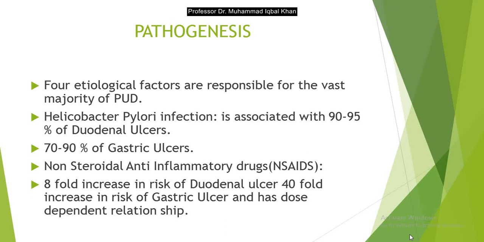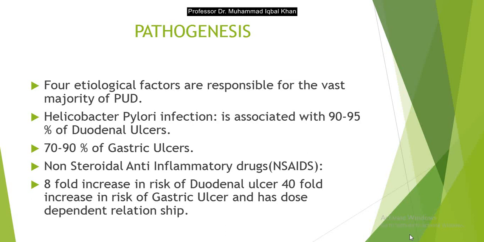So keep in mind this much association of Helicobacter pylori with both types of ulcer, duodenal and gastric. The duodenal ulcer has a more frequent association, but nevertheless the gastric ulcer also has 70 to 90% association with Helicobacter pylori.